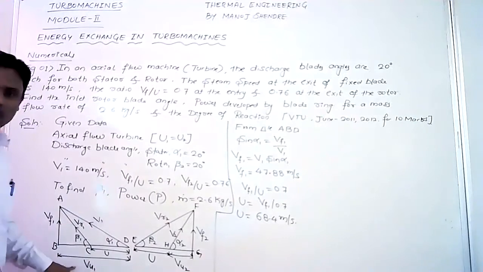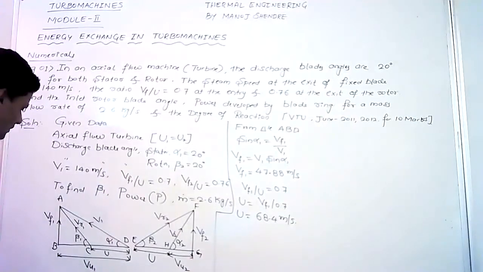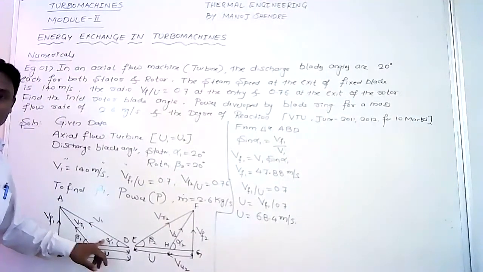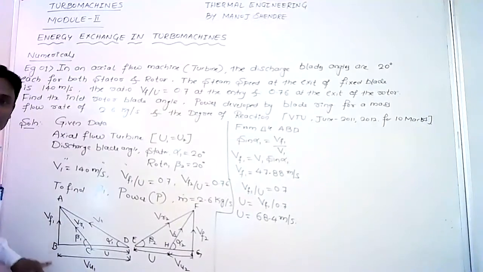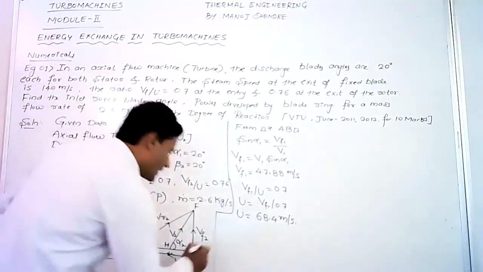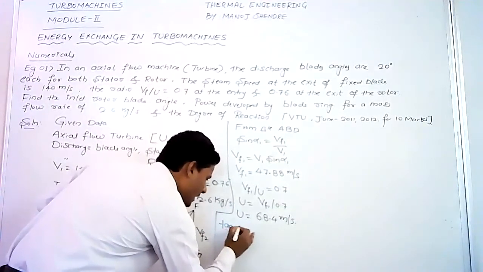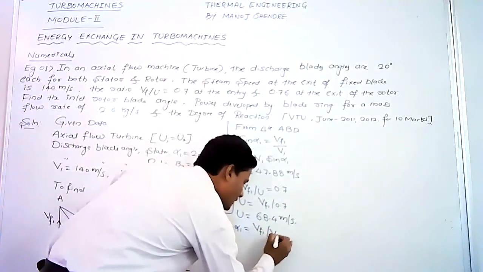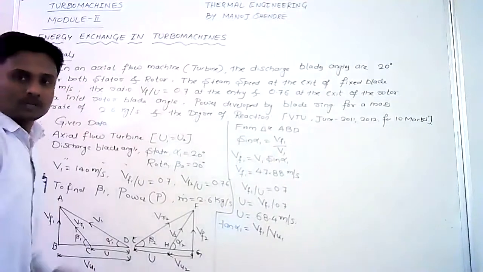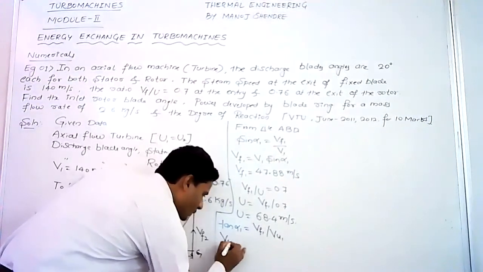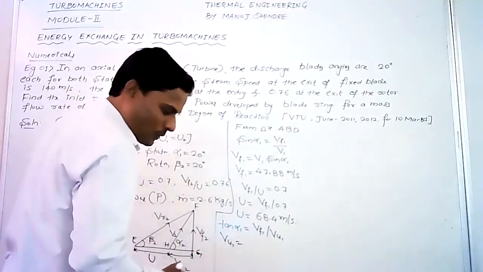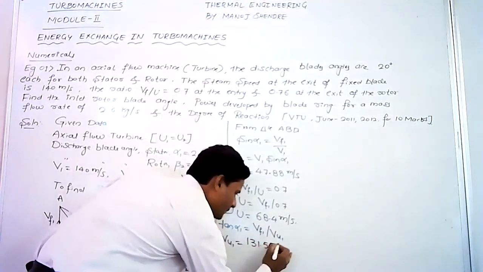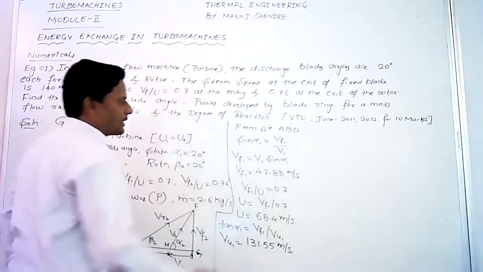If we use tan, by this velocity triangle I can write tan alpha 1 equals opposite, Vf1, divided by base, Vu1. So do the cross multiplication and get the value of Vu1. The expected value for Vu1 is 131.55 meter per second.